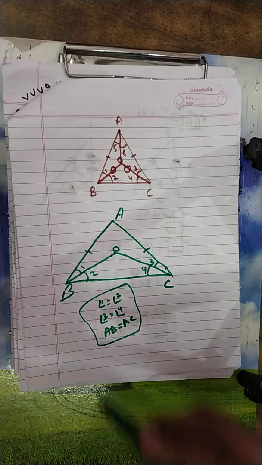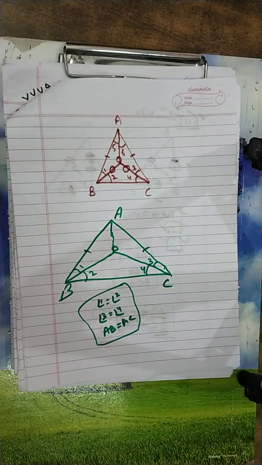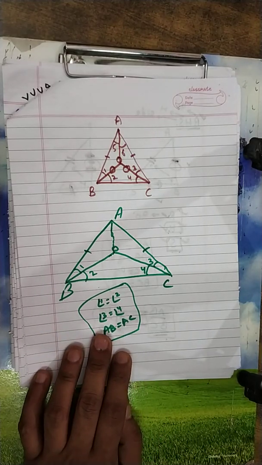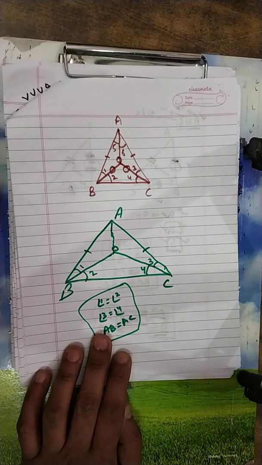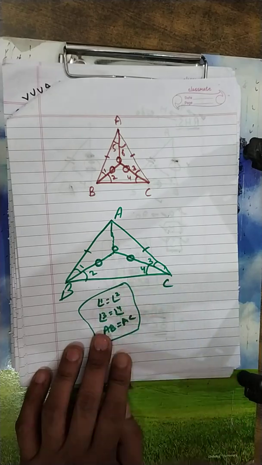Join A to O. Now, what do we have to prove? We have to show that OB equals OC. We have to make this line equal to this line.